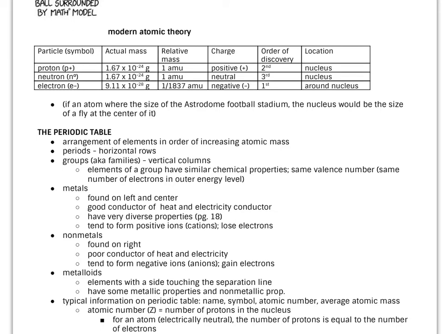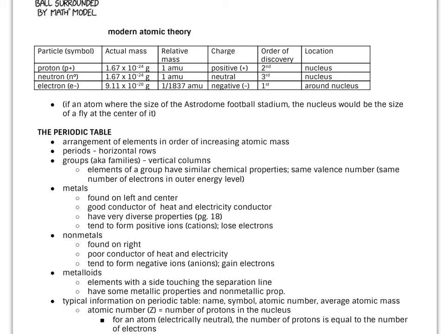They are huge. So if the entire atom, which is the smallest particle that we know of, was the size of the football stadium, the nucleus would be the size of a fly at the center of it. So think about that. If the nucleus has most of the mass of the atom and it's just a fly at the center of the Astrodome, that leaves a ton of empty space.